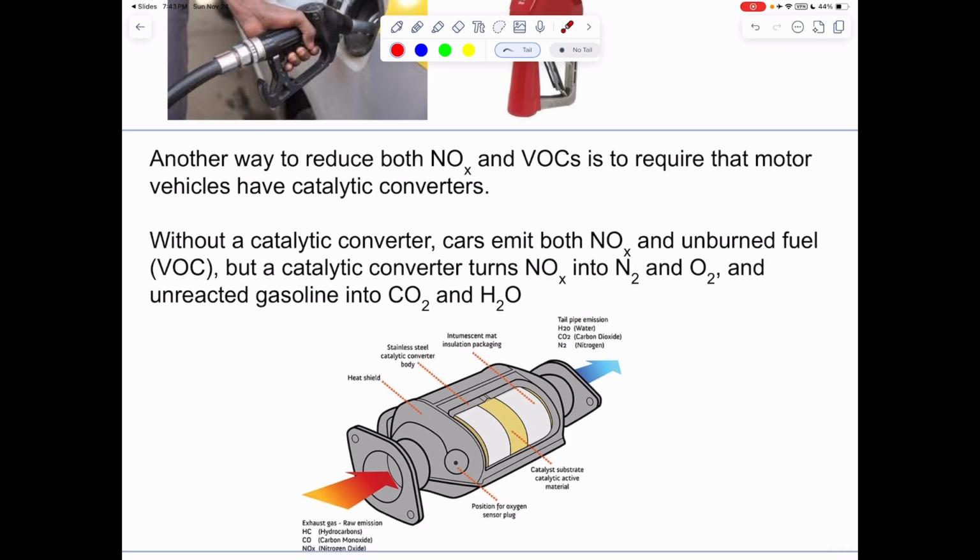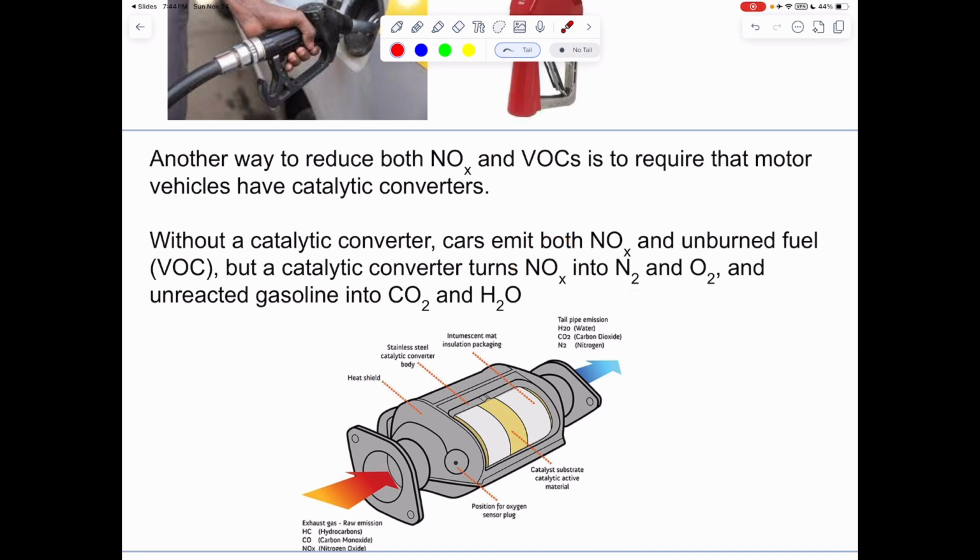Another way they can reduce both the VOCs and the nitrogen oxides is by requiring that vehicles have things called catalytic converters. Without these catalytic converters, as we talked about, the nitrogen oxide and any unburned fuel, which would produce VOCs, can leak into the atmosphere. However, by putting in these catalytic converters, they turn this nitrogen oxide that's produced into N2 and into O2, which will not create smog.